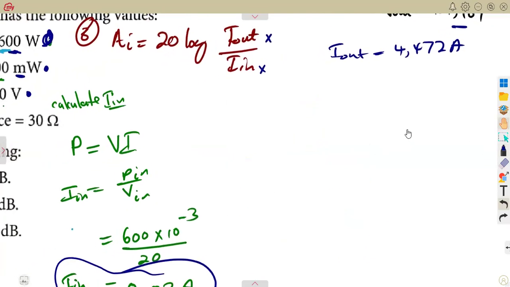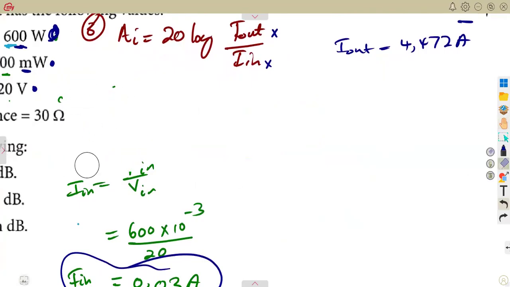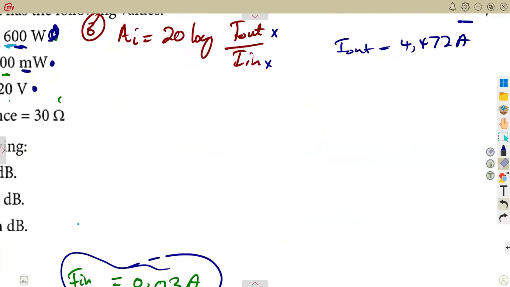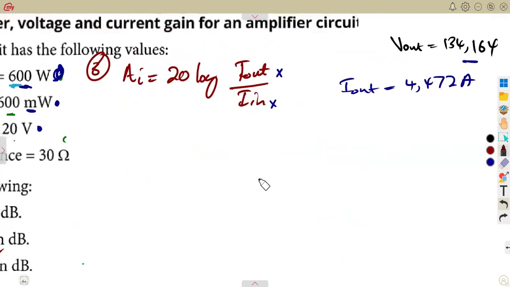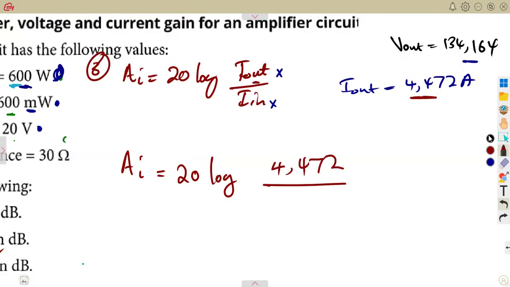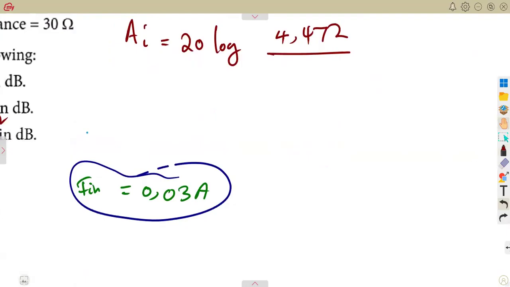The output current we calculated. This can now give us the gain, which is our current gain. So at the end, we are going to calculate our current gain. Our current gain is going to be 20 log of the output current. What is our output current? 4.472 divided by the input current, that's 0.03.